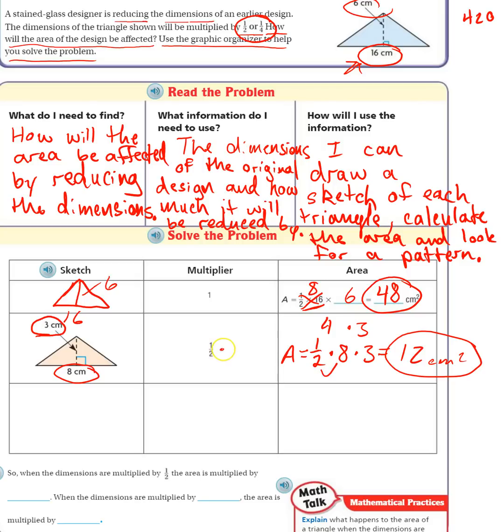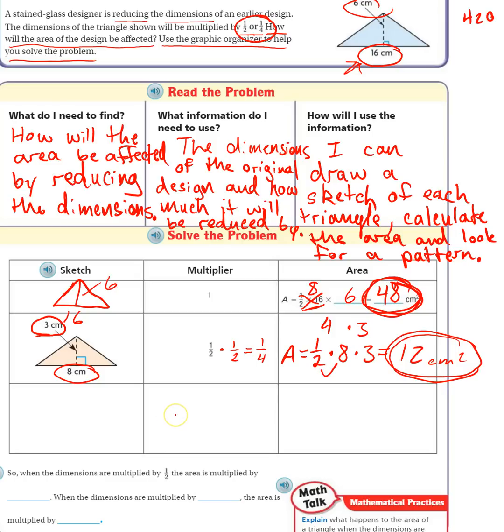Or we could say, just like on the last one, the area was 1/4 of the area of the original, which 1/2 times itself gives you 1/4. So 12 centimeters is 1/4 of 48 centimeters.